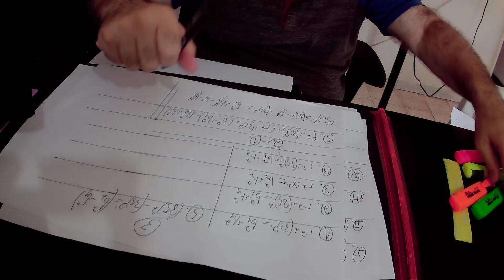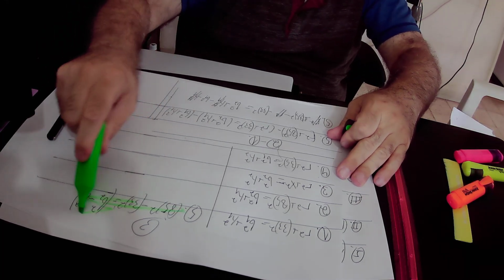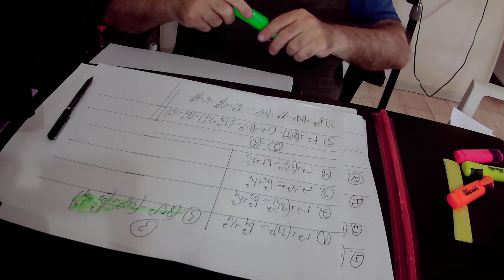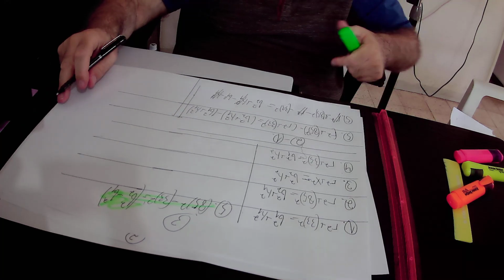I repeat again, according to equation number 5, we found out that 85 squared minus 33 squared equals B2 squared minus B1 squared.